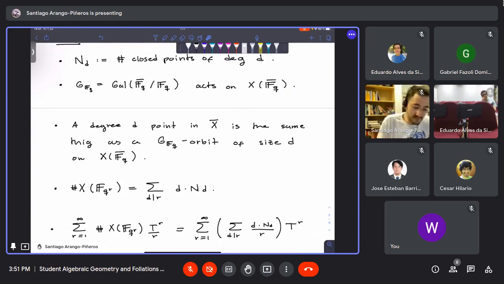And the key ingredient of this proof is the fact that you can look at a closed point, either taking an affine patch and looking at a maximal ideal on that affine patch, but that is the same thing as taking a Galois orbit of a given point over the algebraic closure.